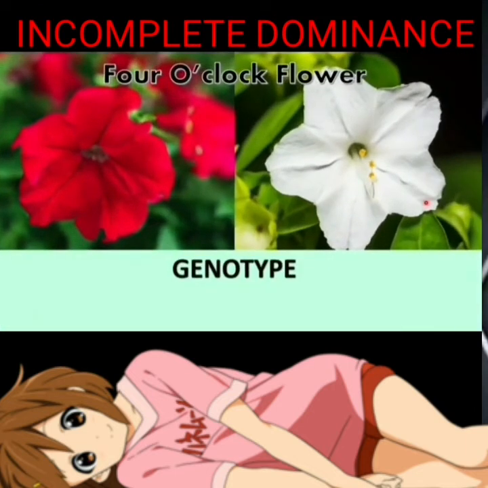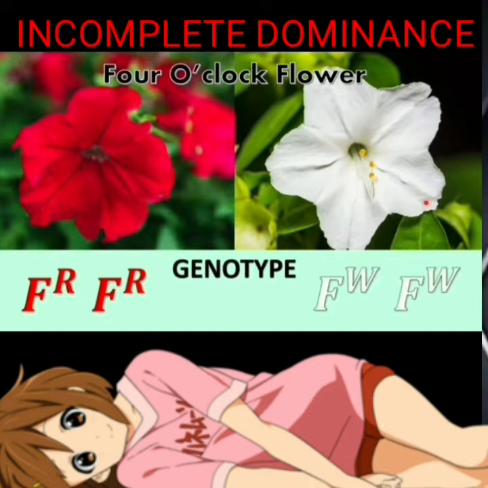For a clap flower, I have here two flowers as you can see. What is the genotype of the first flower? The genotype is FR, the combination of two alleles. How about the other one? That is FW. That is the genotype, the genetic makeup of organisms.